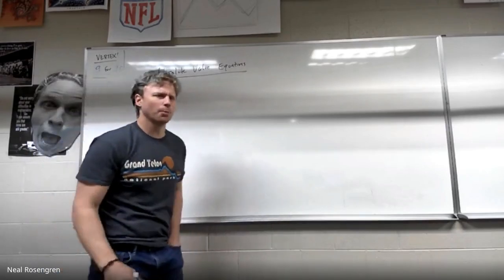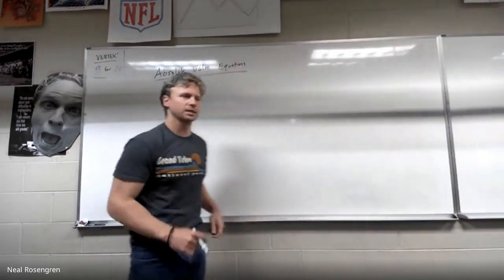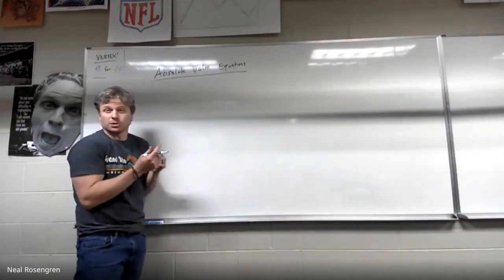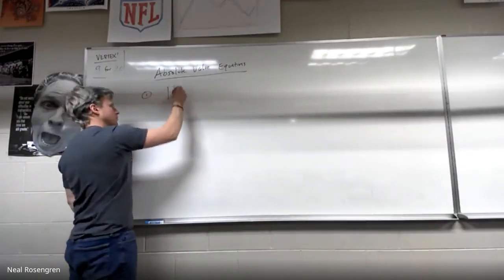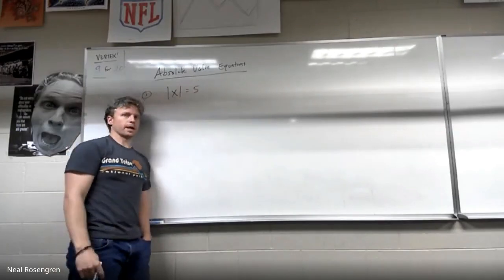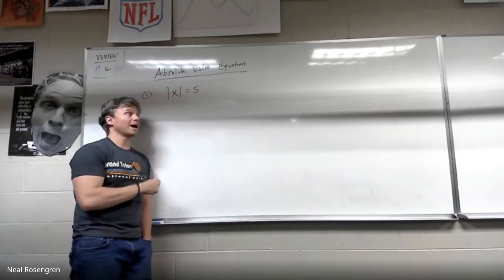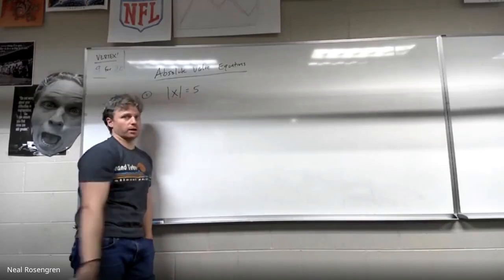And I think we know enough about absolute value to be able to just jump right into this. Let me know if anything I say gets lost somewhere. But if we have just the absolute value of x equals 5, something like that, we're trying to figure out what number I can put on the inside so that its absolute value is 5, right?